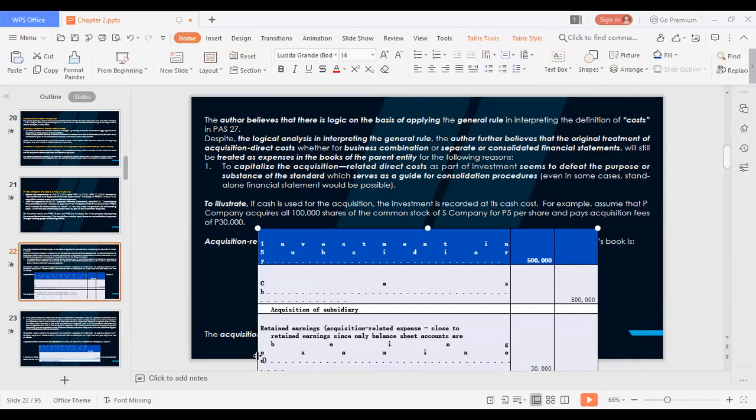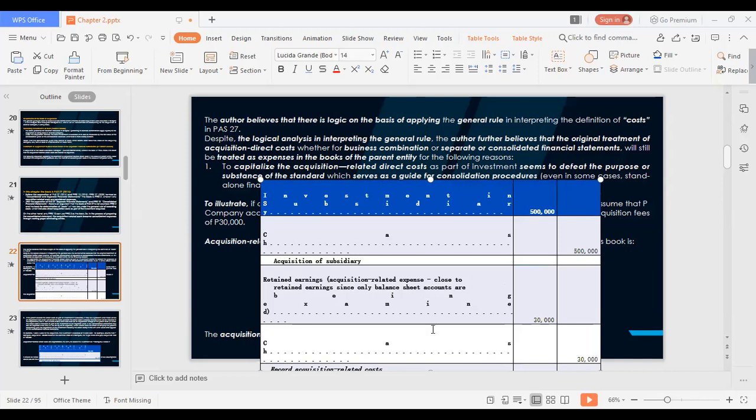Now for the entry to record the investment item, it is the amount of 500,000 that is to be recorded. And for the acquisition-related cost in the amount of 30,000, your acquisition-related costs are to be closed to retained earnings.